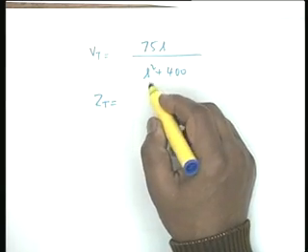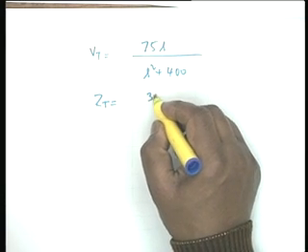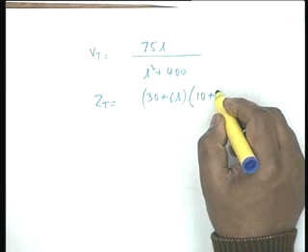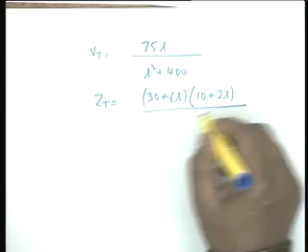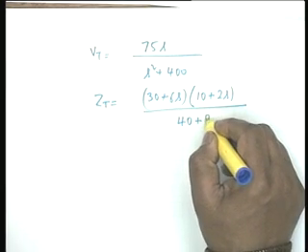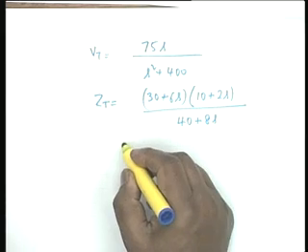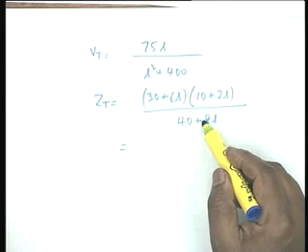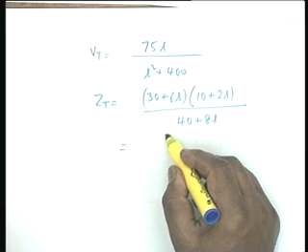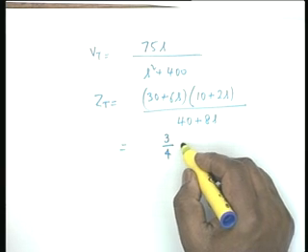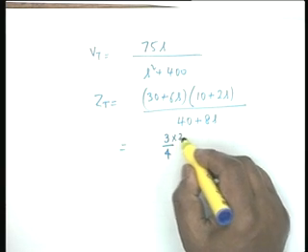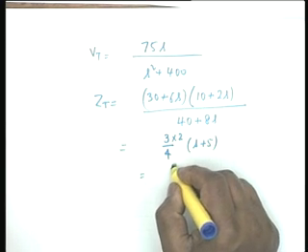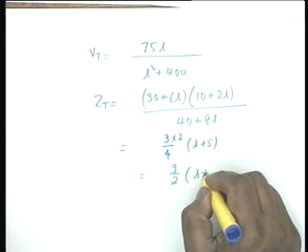Zt is the parallel combination of 30 plus 6S and 10 plus 2S divided by 40 plus 8S. And once again you see that there is a cancellation. Okay, I get 3 by 4 multiplied by 2S plus 5. Agreed? This is equal to 3 by 2 S plus 5, Zt.